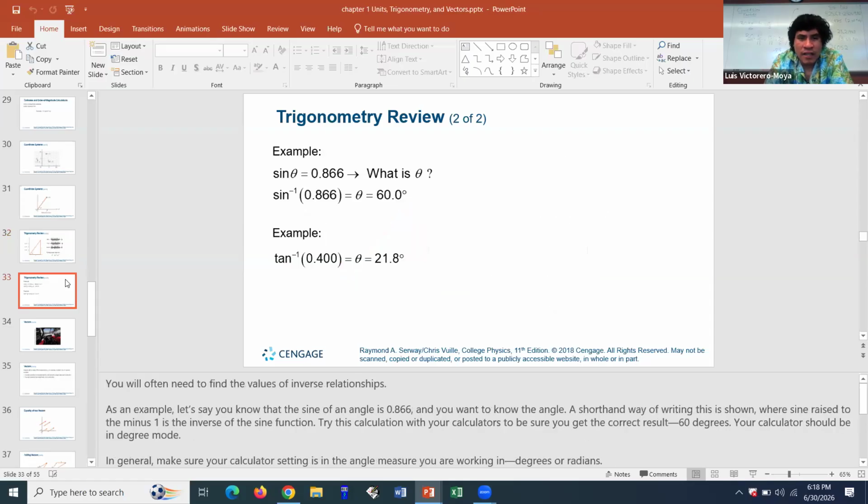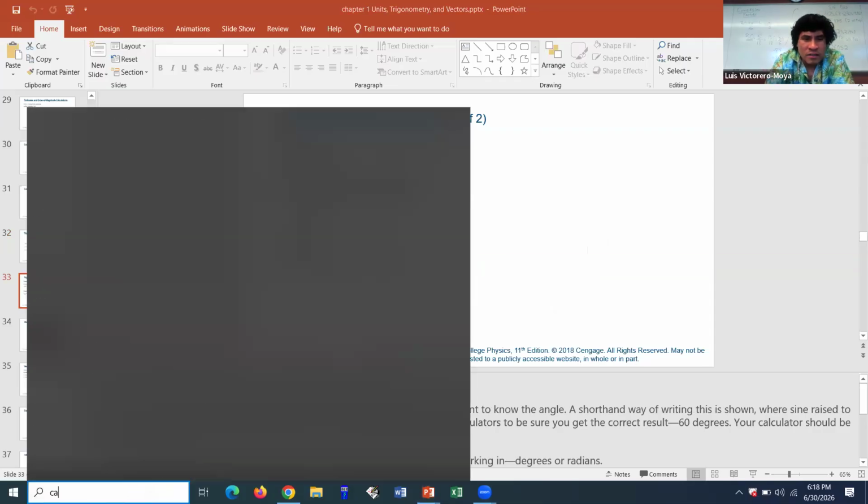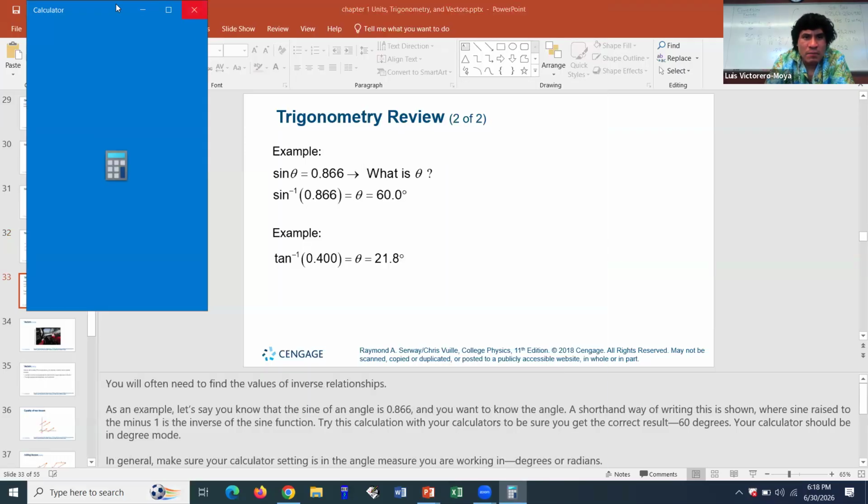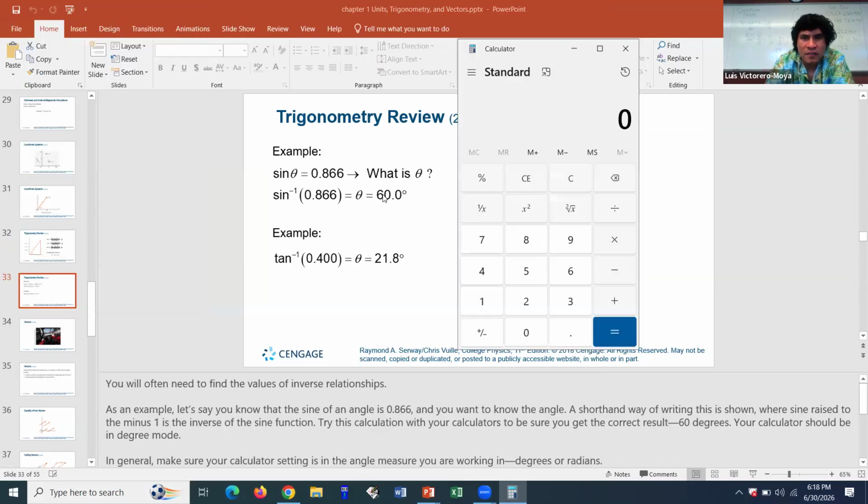So here's an example. You probably have seen this in geometry in school, where you have to find the angle. To do that, let me just show you how you're going to use the calculator for that. As you remember, you use the sine inverse. So for example, how do you get 60 degrees?